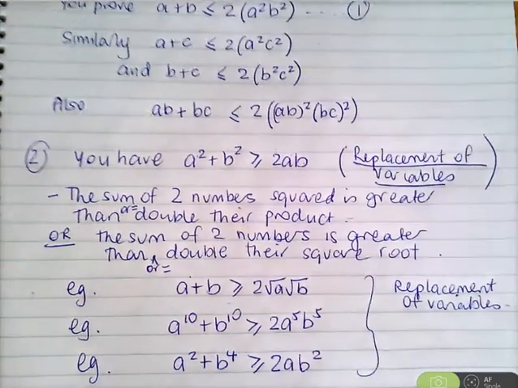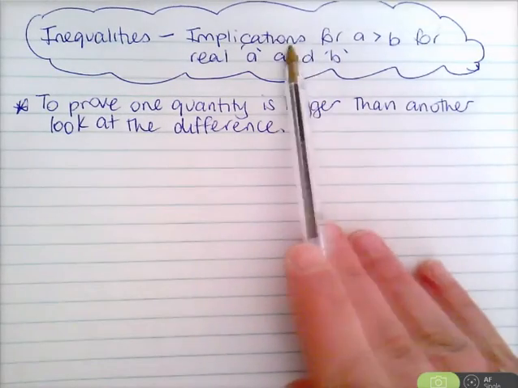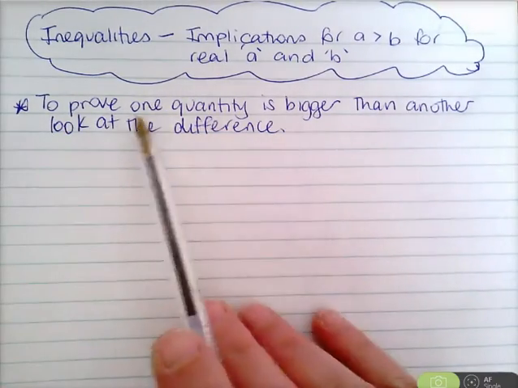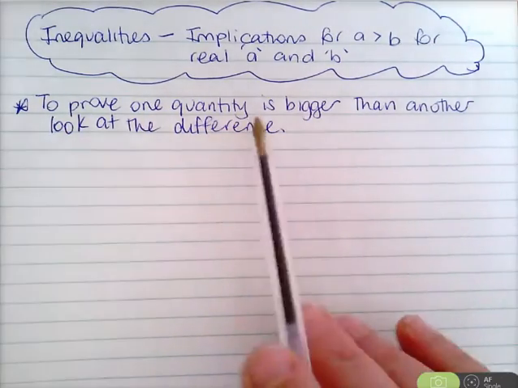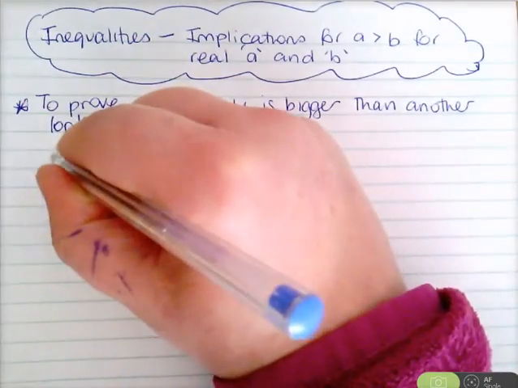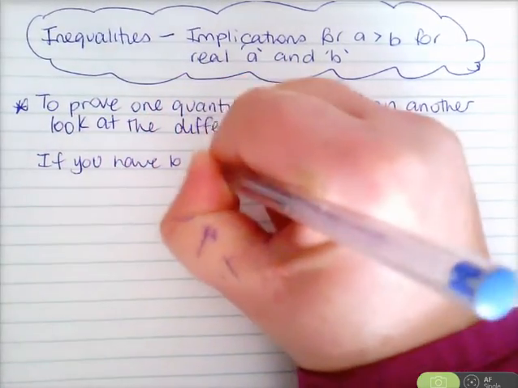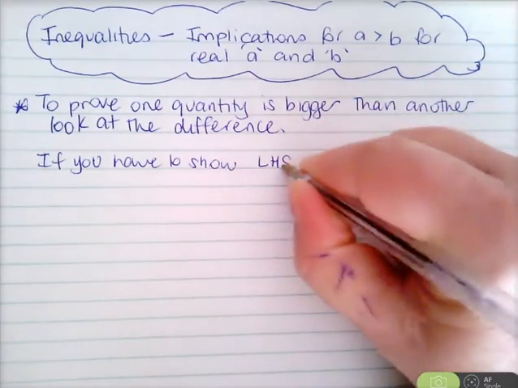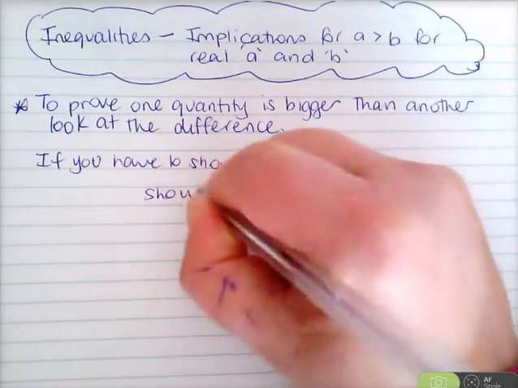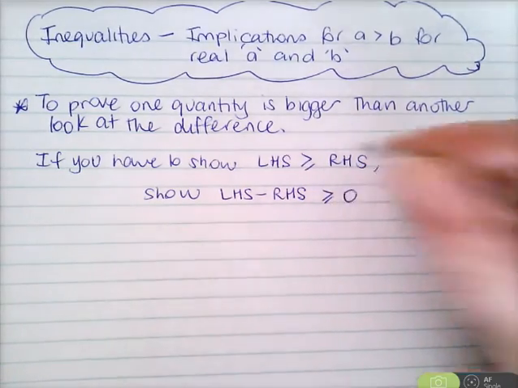Okay. Another thing that we need to look at with inequalities is implications for a greater than b, for real a and real b. To prove that one quantity is bigger than another, you should look at the difference of those two quantities. So if you have to show that the left-hand side of an inequality is greater than or equal to the right-hand side, then you should show that the left-hand side minus the right-hand side is greater than or equal to 0.